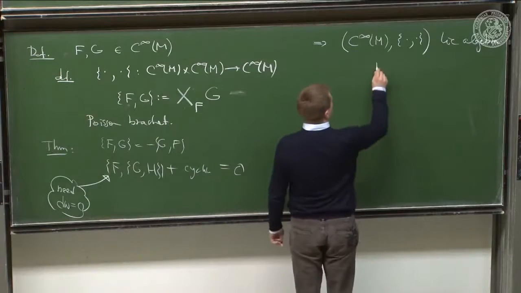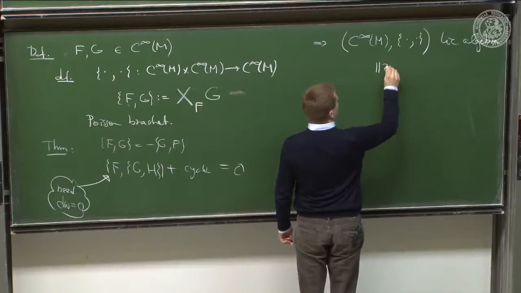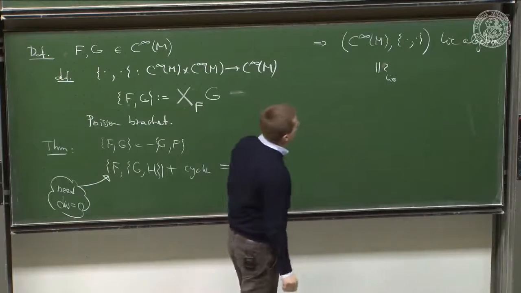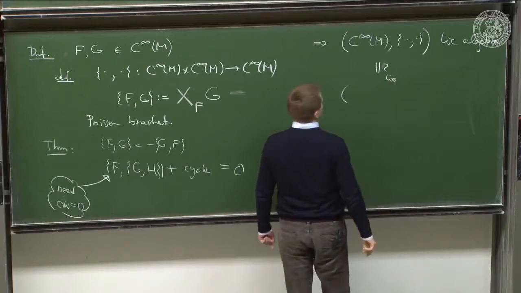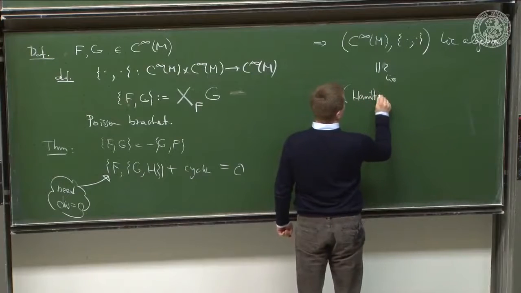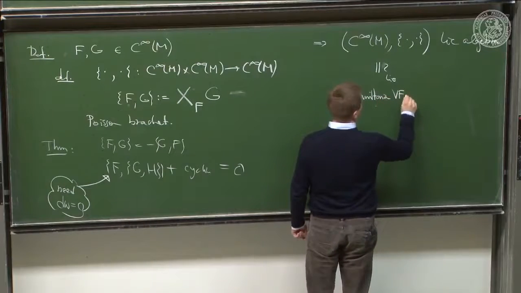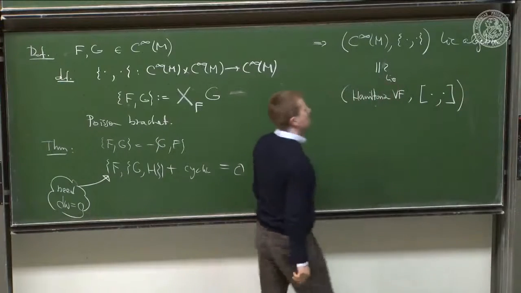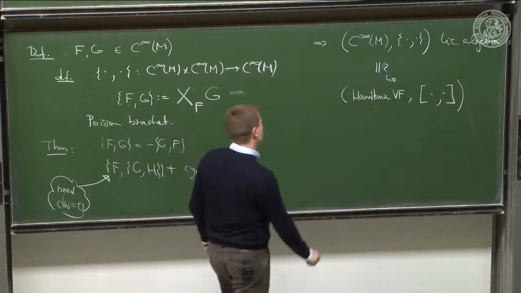And there is actually a Lie algebra isomorphism to the Hamiltonian vector fields, equipped with the differential geometric Lie bracket.